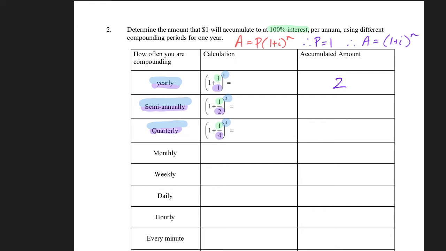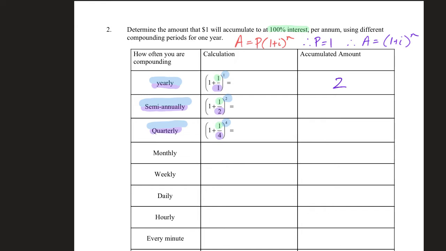If we start with $1 and it's going to receive 100% interest per year, then how much money would you have at the end of that year? You'd have $2: the $1 of the original plus the extra dollar in interest. There's your $2.